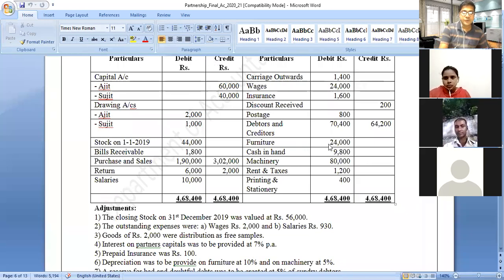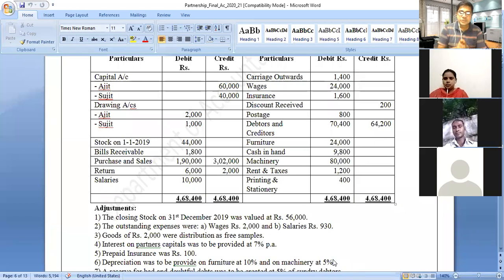Furniture value is 24,000. On 24,000, we will charge 10%, which means 2,400. And machinery's value is 80,000. On that, we have to charge 5%, which means 4,000. So 2,400 is the depreciation on furniture and 4,000 is the depreciation on machinery.